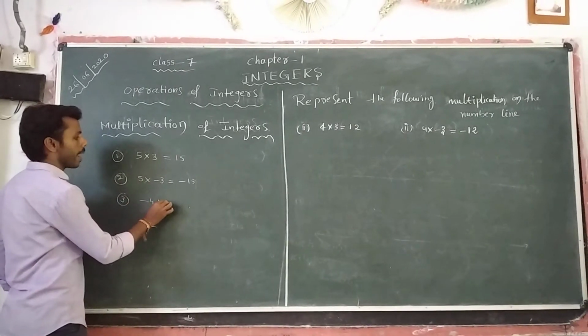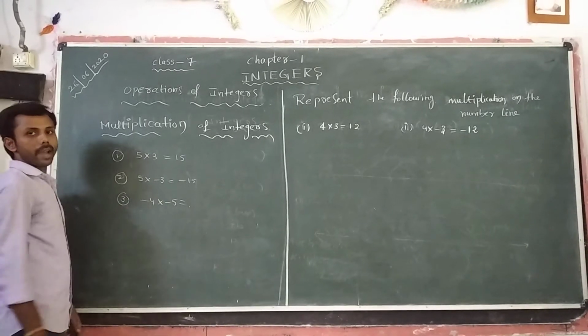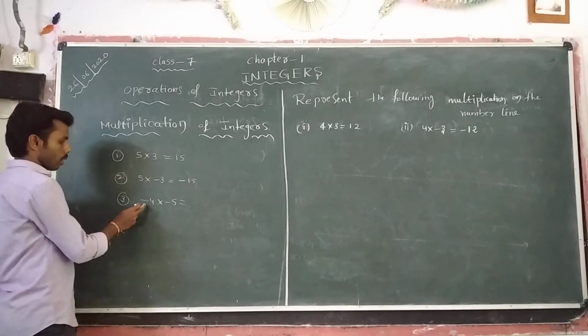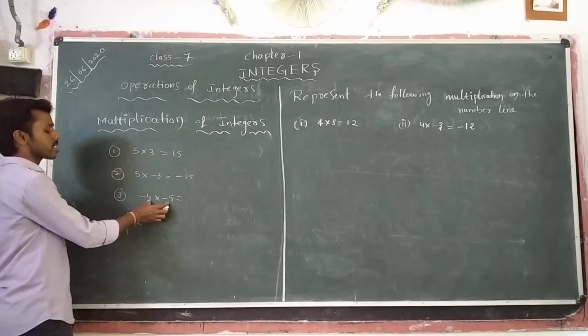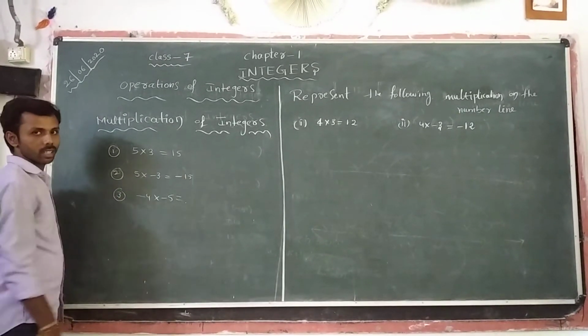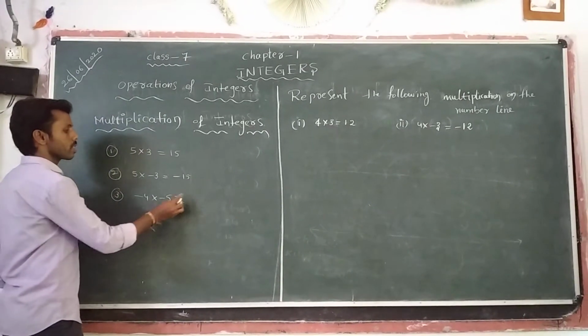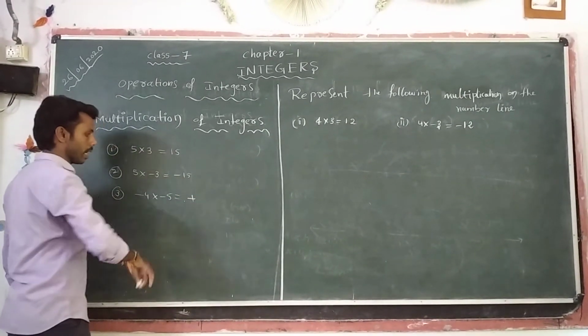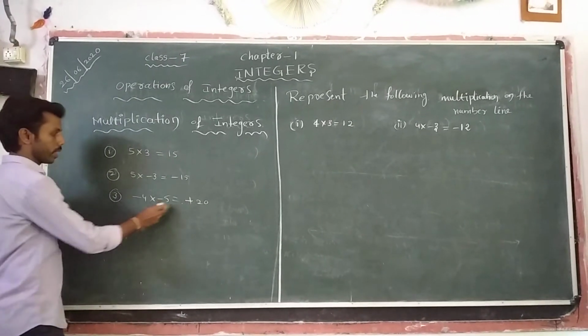Another example. Minus 4 into minus 5. Both are negative integers. When two negative integers are multiplied, the answer is always positive. Minus into minus is always positive. 4 fives are 20.